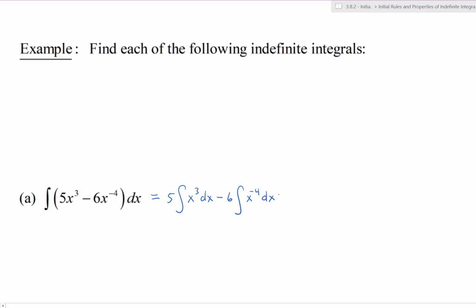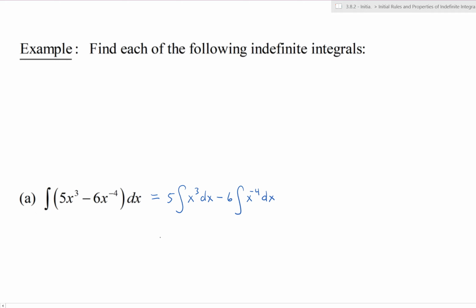Right? So I can split up each of the functions into their own individual integrals and then combine them, in this case through subtraction. And then each of those constant multiples I can pull out in front of the integral itself using the constant multiple rule. Now, once you do this enough times, you're not necessarily going to write it like that every time. However, it's nice to see it applying the rules that we previously talked about earlier in this video.